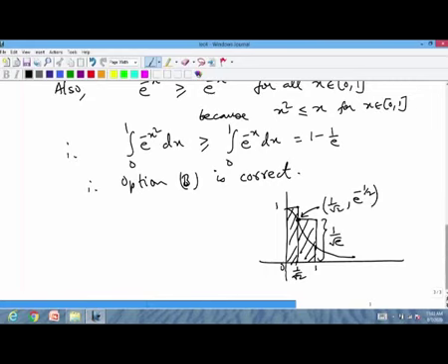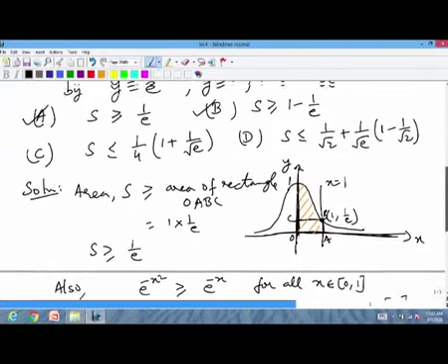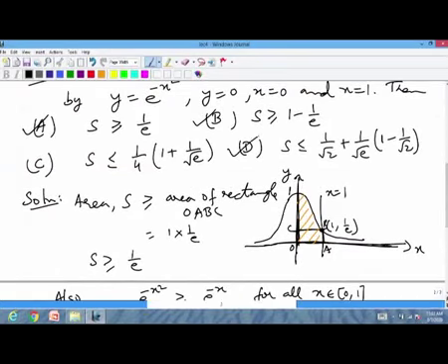So, by the figure, we see that S is less than equal to the sum of the areas of these two rectangles. The area of the first rectangle is 1 by root 2, plus the area of the second rectangle, whose height is 1 by square root of e, times 1 minus 1 by root 2. So, that is our option D. So, A, B and D are correct. Let us try to see if C is correct or not.